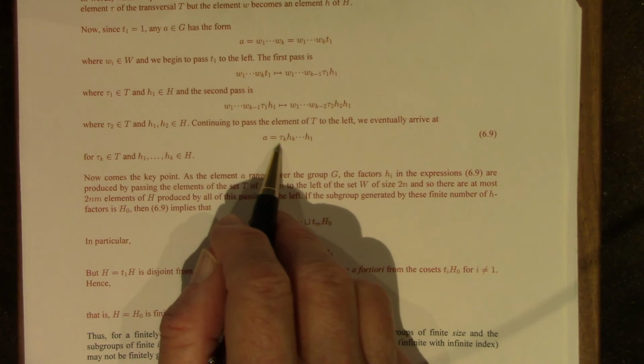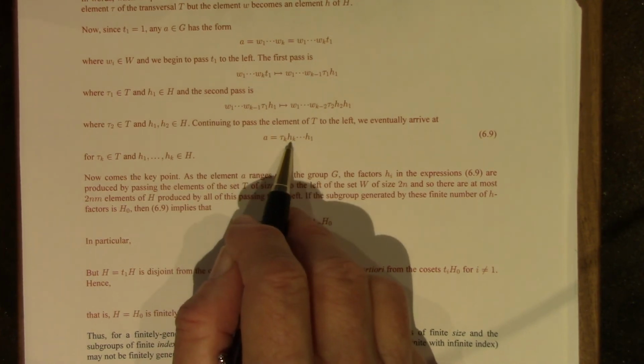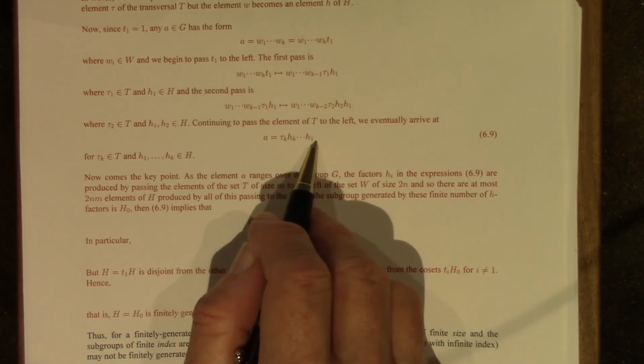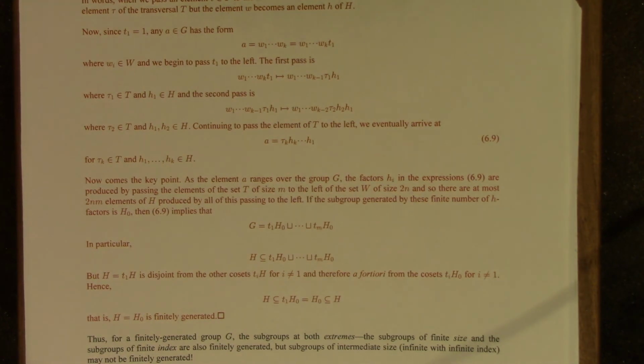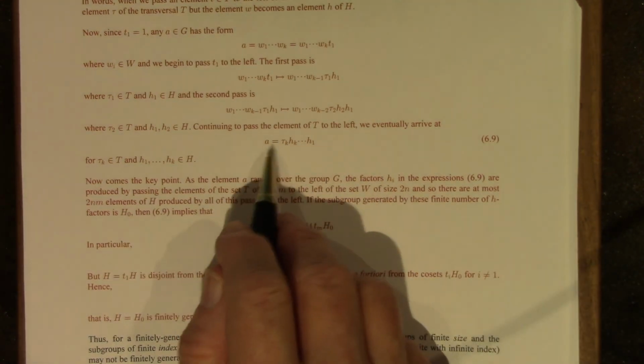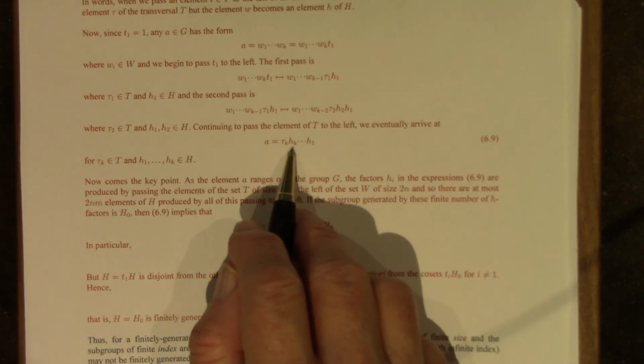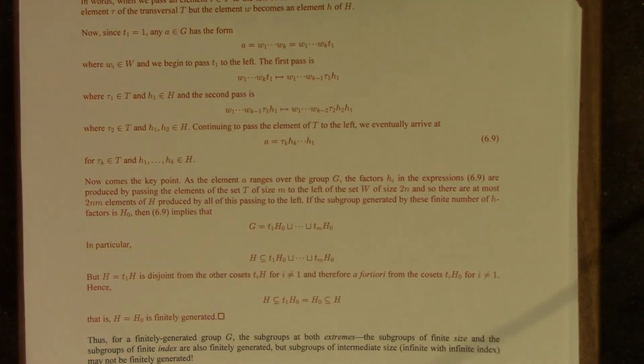So A will look like tau K, HK through H1. So by pulling T1, which was 1, all the way across the word W1 through WK, we come out on the far left with another transversal element, and on the right of that, a product of elements from capital H, the subgroup.